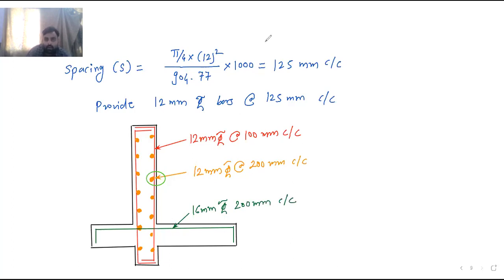And then I will draw the main reinforcement bar for toe slab. It will start from here, this point. Then it will move further. It will start from somewhere here. Now from here it will move further.